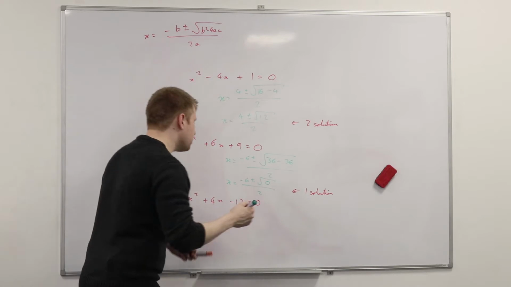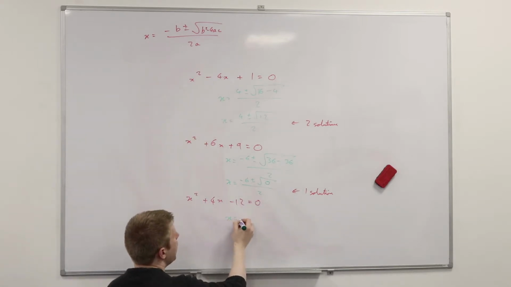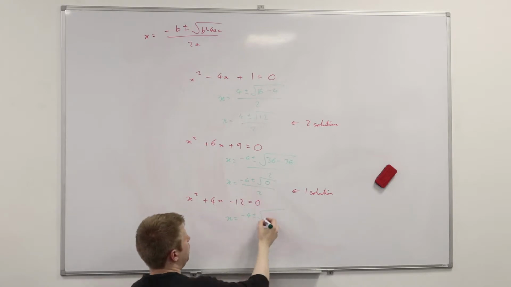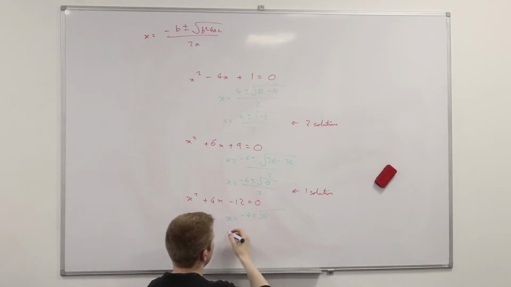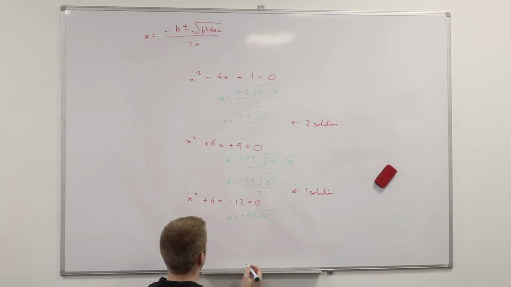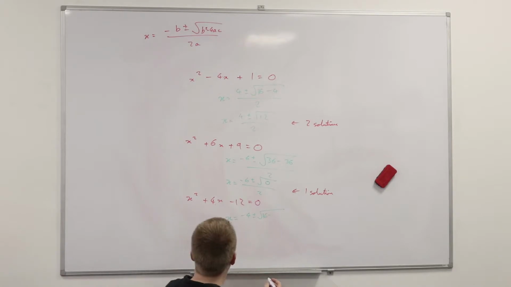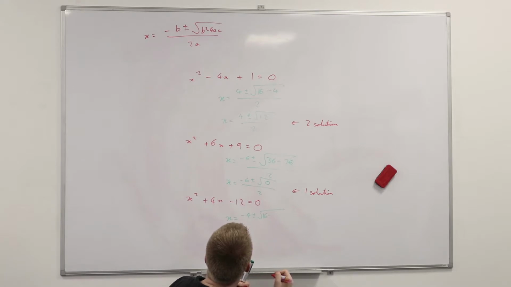With this one, well, this is similar to the last one we just looked at, which is x equals, what do we get, negative 4 plus or minus the square root of 16 minus 4 times negative 12, so it's 48. Yeah, did I mean to do that? Yeah, it's 48 plus 48.